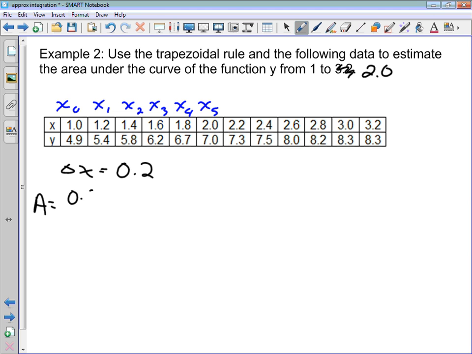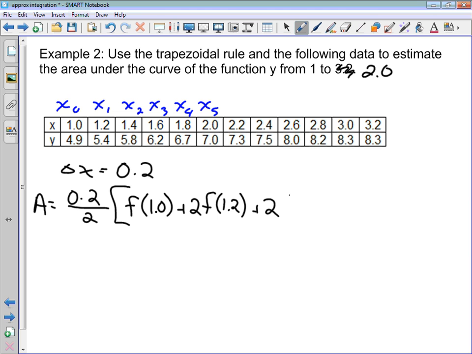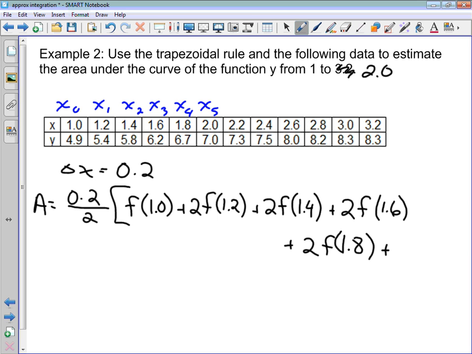We know we need delta x divided by 2 times our function evaluated at our x naught value, so f at 1, plus 2 times f at 1.2, plus 2 times f at 1.4, plus 2 f at 1.6, plus 2 f at 1.8, plus f at our endpoint 2.0 with no factor of 2 in front of it.